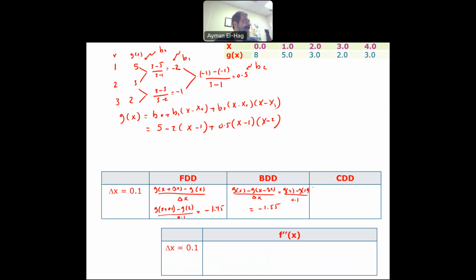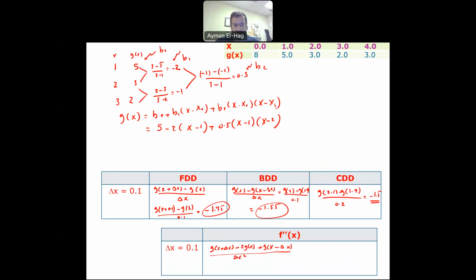And finally, for the CDD method, it will be G at 2.1 minus G at 1.9 divided by 0.2, and this will give you minus 1.5. And you can see here, this is basically the average of these two values. Finally, we will find the second derivative, and the function for the second derivative is G of X plus delta X minus 2G of X plus G of X minus delta X divided by delta X squared.